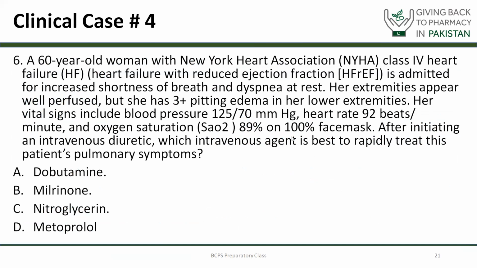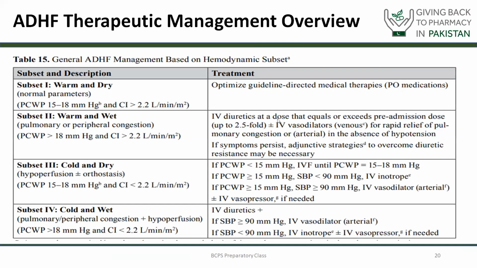So after giving IV diuretics, you have to give a vasodilator for rapid relief of pulmonary congestion. Once you have identified where the problem is, then you can go and fix the problem.